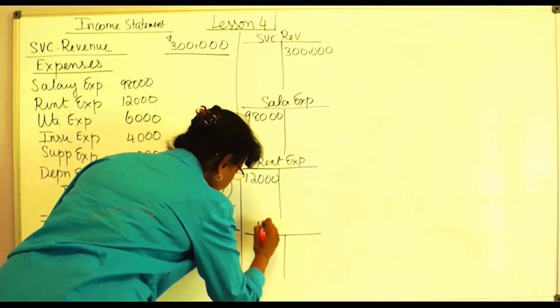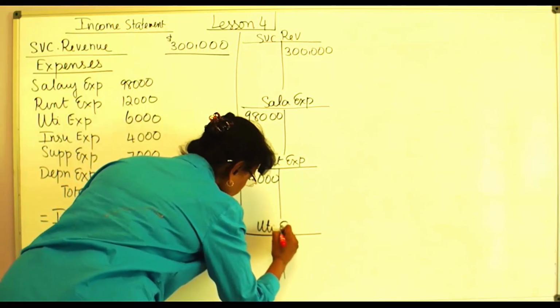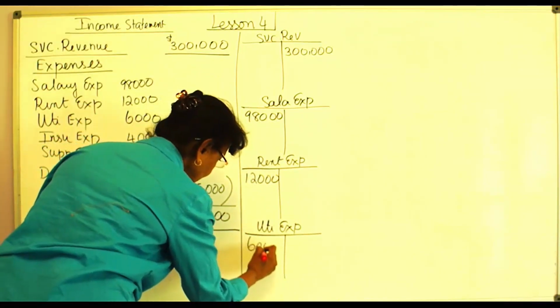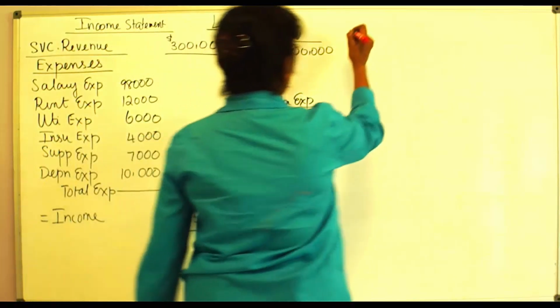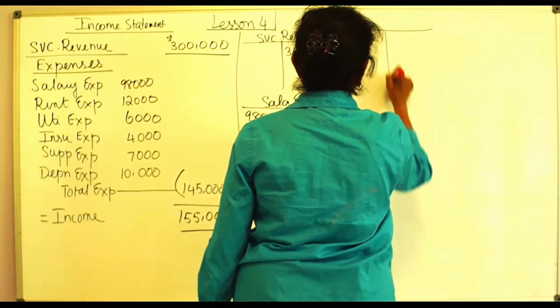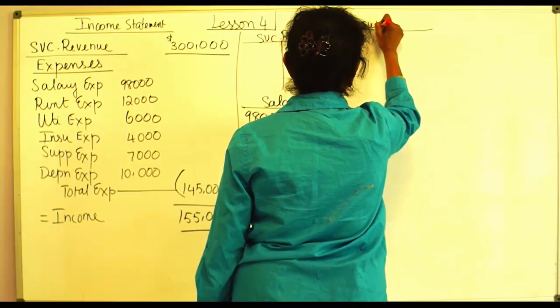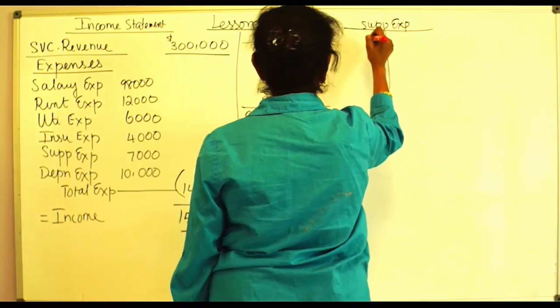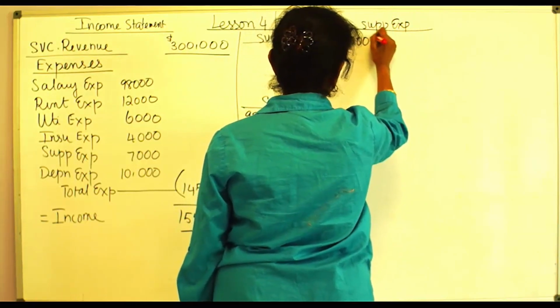Your utility expense will show a balance of 6,000, and your supplies expense will show a balance of 7,000.